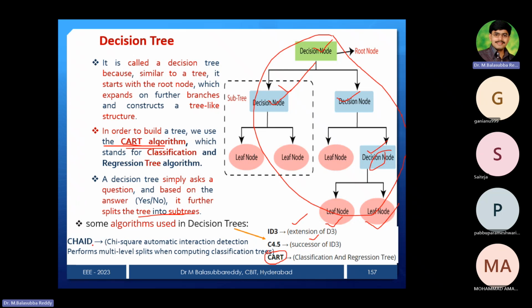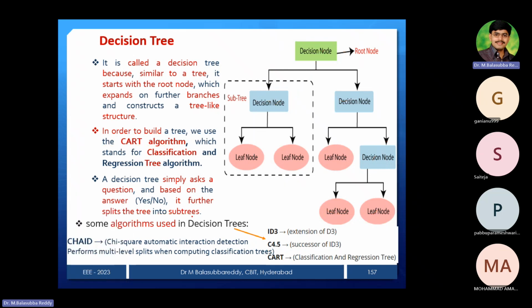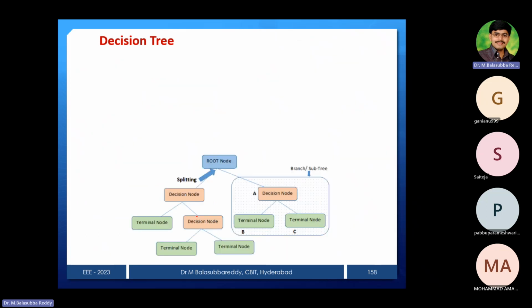And there is CHAID, chi-squared automatic interaction detection, which performs multi-level splits when computing the classification tree. Like that, we may have different categories. We are going to solve our problem using any of the algorithms, but all come under decision tree only.